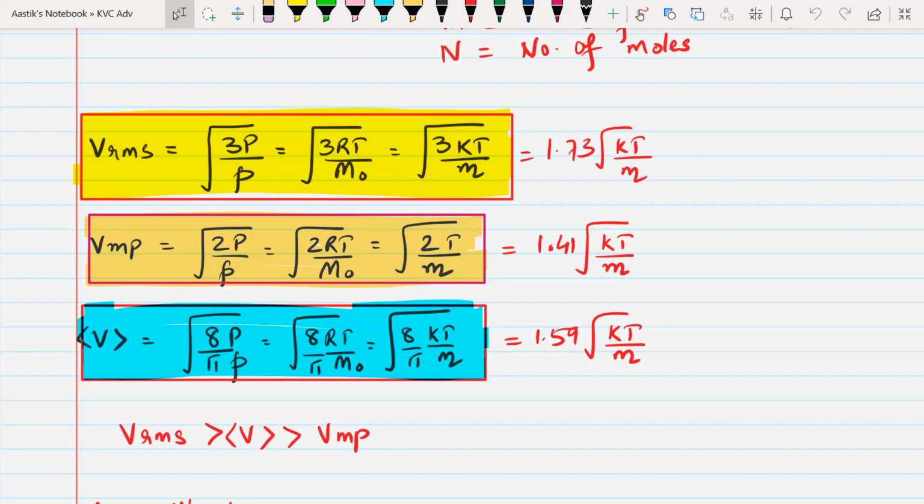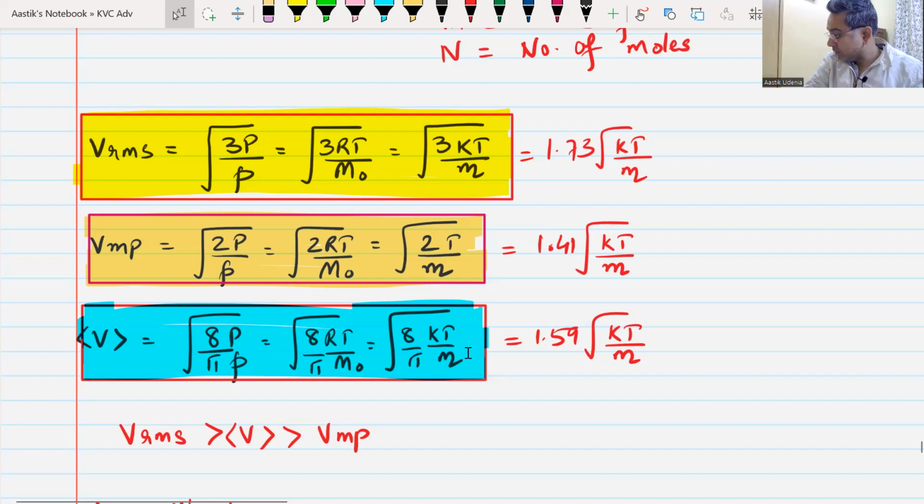We had also seen Maxwell's distribution of speeds, and we had seen that this VRMS is greater than V average is greater than V most probable. The most probable speed is the highest. Do we understand this, everyone? Yes, sir.